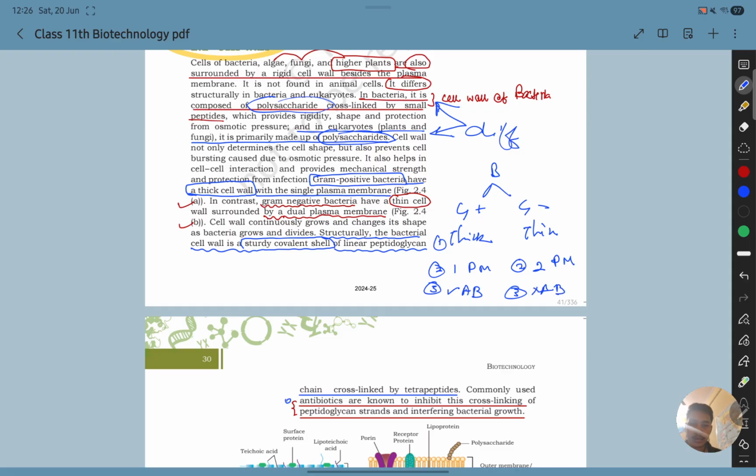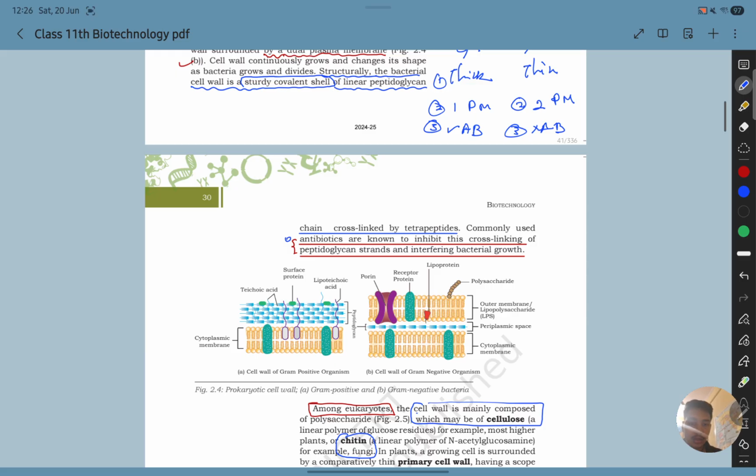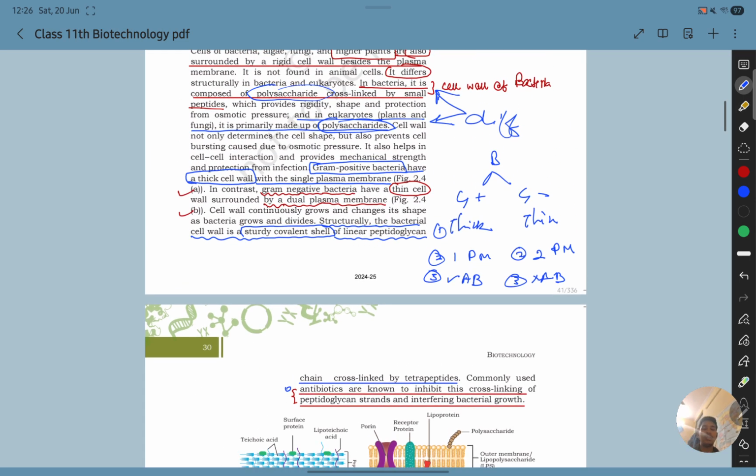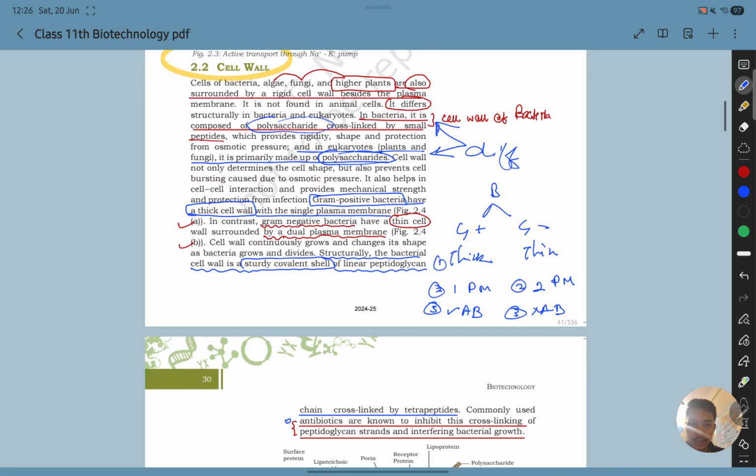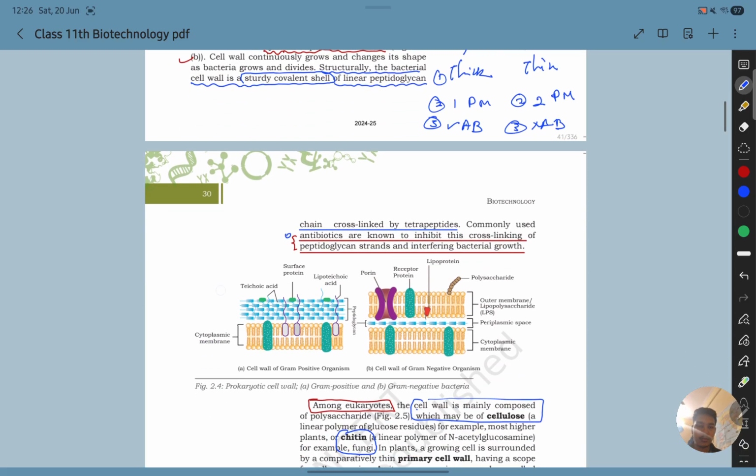This is mainly the simple difference. If you ask why the antibiotic works here, it is written that they are cross-linked by small peptides. So the antibiotic goes and sticks to the cross-links and destroys them. When the links are destroyed, the bacteria don't get food and ultimately get killed. So the antibiotic attacks the cross-links.